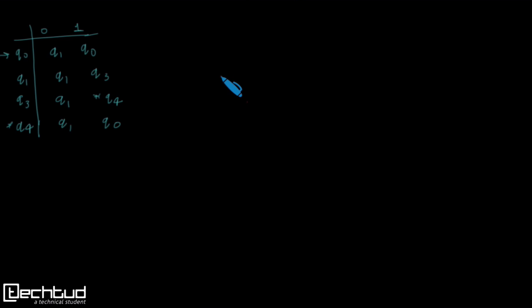If we draw it, we have Q0 as our start state. Q0 on input symbol 0 goes to Q1, and on input symbol 1 it loops to itself. Q1 on input symbol 0 loops to itself, and Q1 on input symbol 1 goes to state Q3.